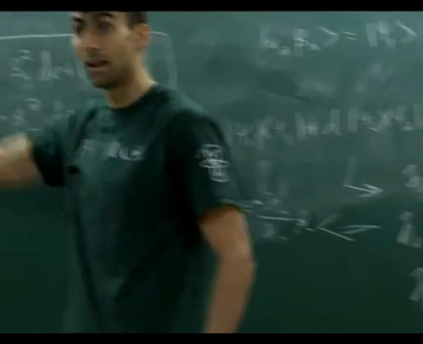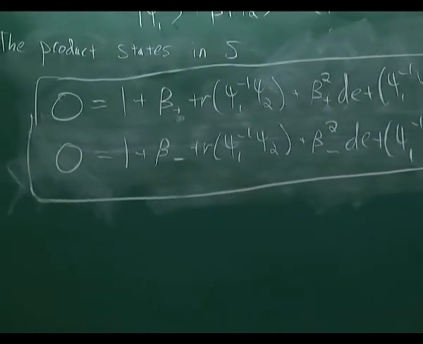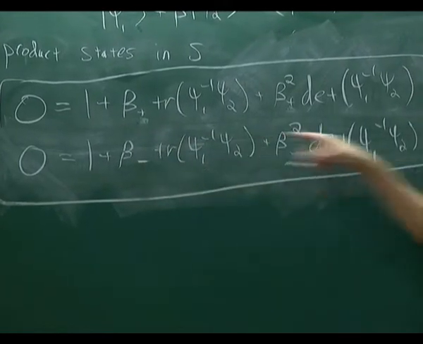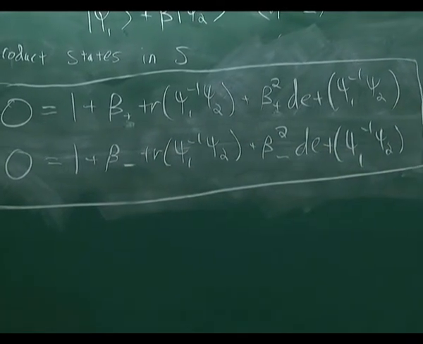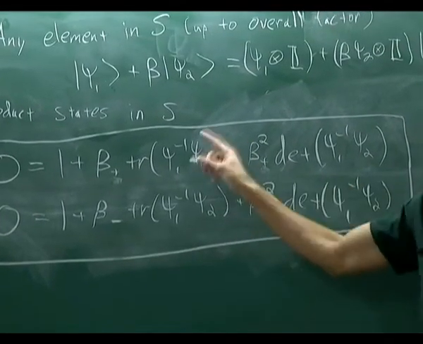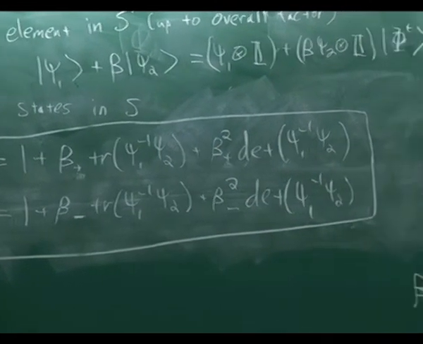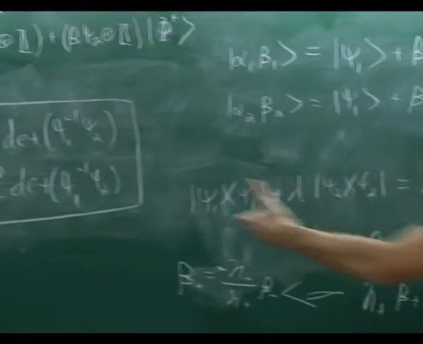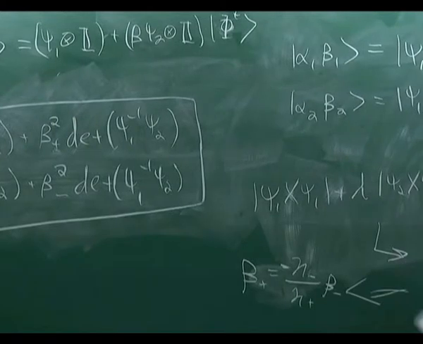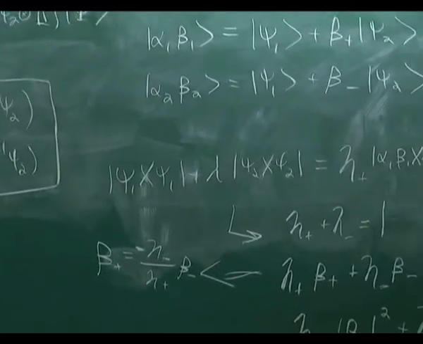So what we'll do is we multiply the beta plus equation by eta minus, and we multiply the beta minus equation by eta plus. We add them together, okay? And we'll see that the trace term will fall out because of this equation here. Then we do the same with the complex conjugate. So we take the complex conjugate, we repeat it, and then we multiply them together.